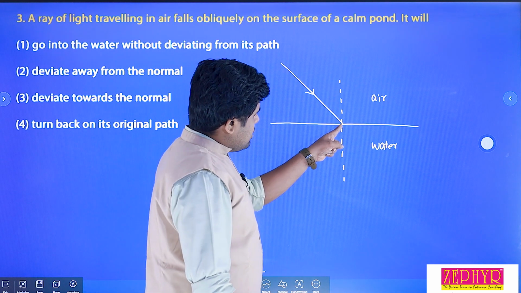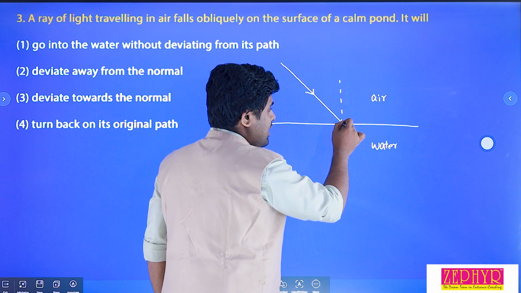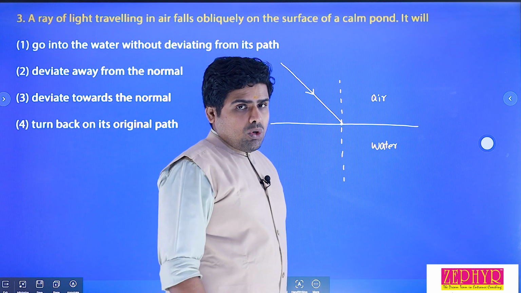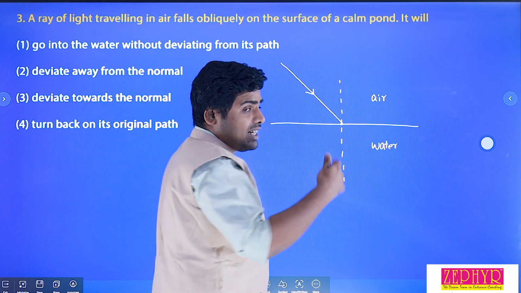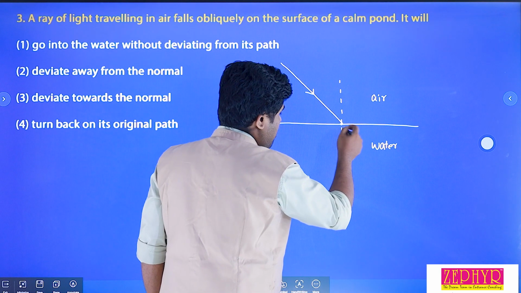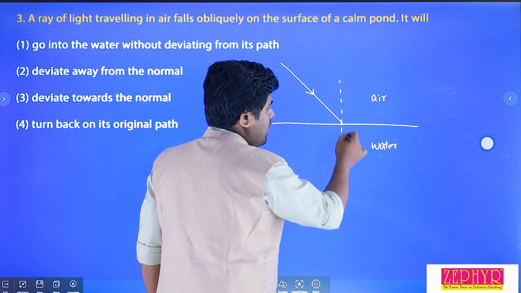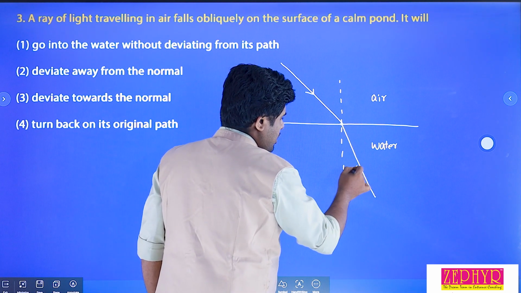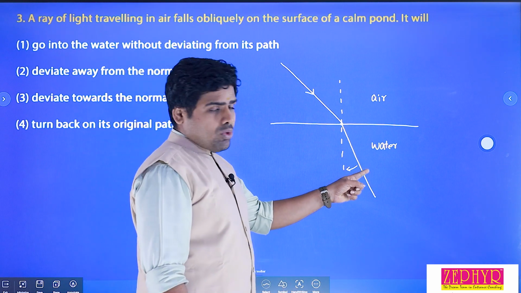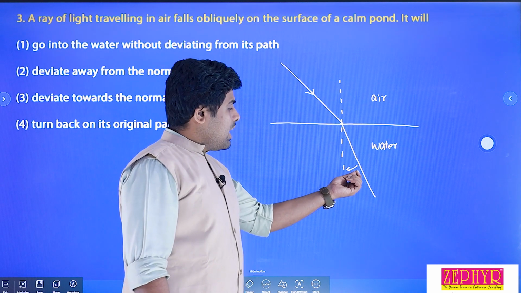When it hits this point, it passes through the water, which is the denser medium. So it bends and moves towards the normal. Clear?